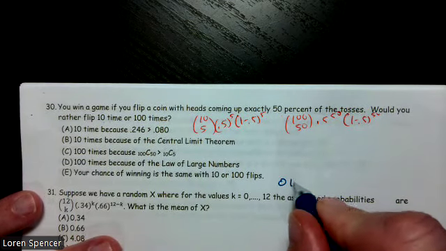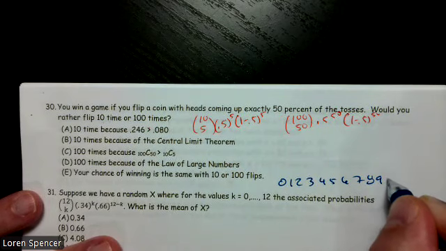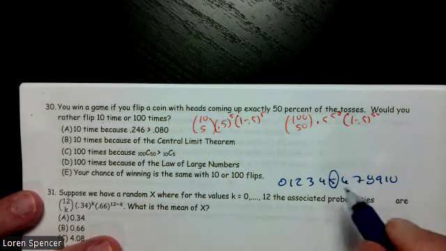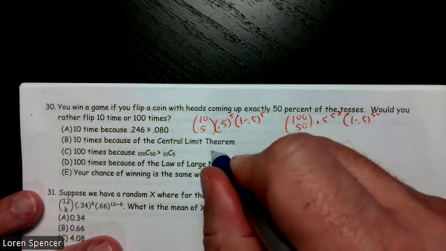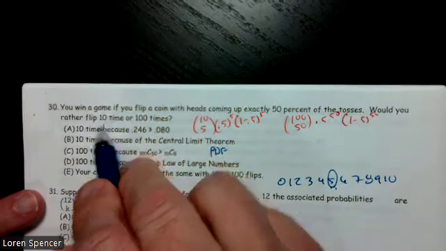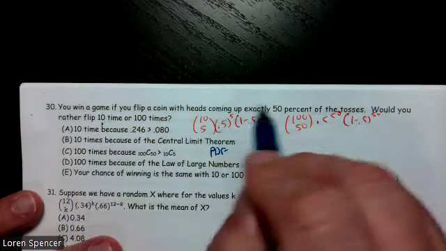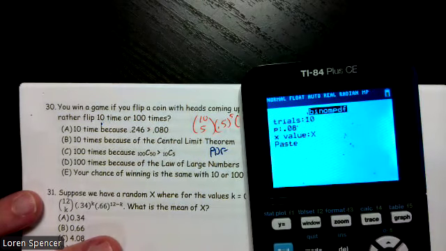If I make my number line, the middle number is 5. So I only circled one value. Since I only circled one value, this means I just have to do a PDF. And I know it's a binomial because I have a specific number of trials and a probability. So let's do that. We're going to do it twice.